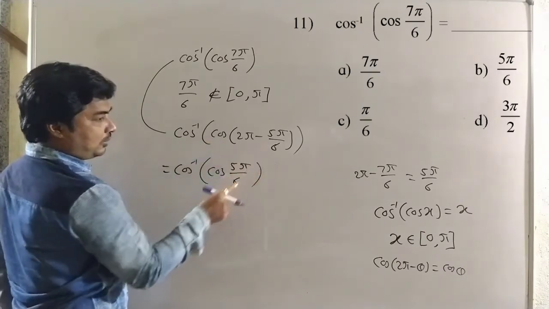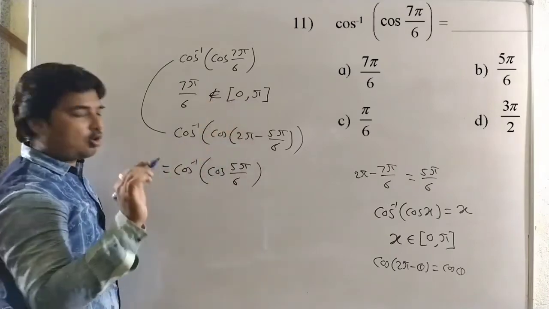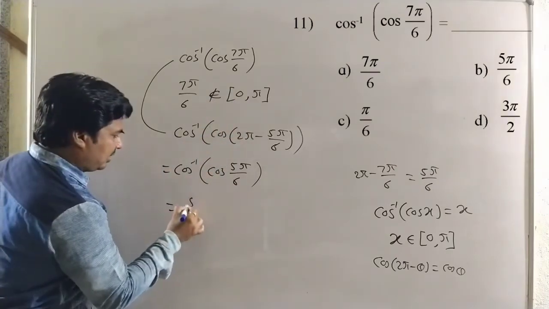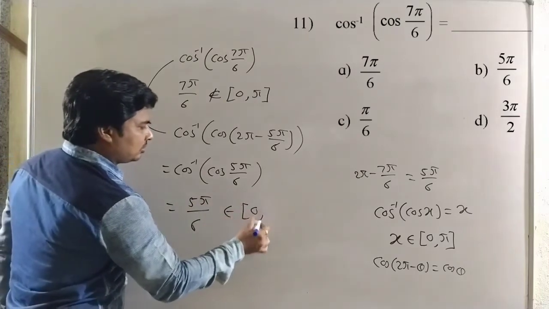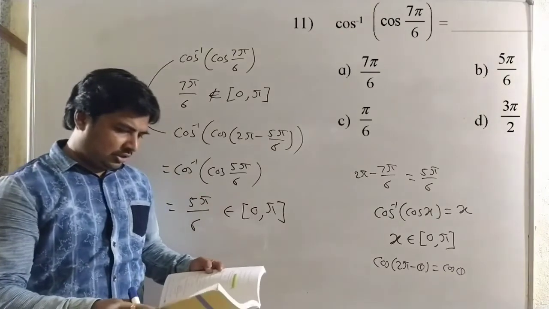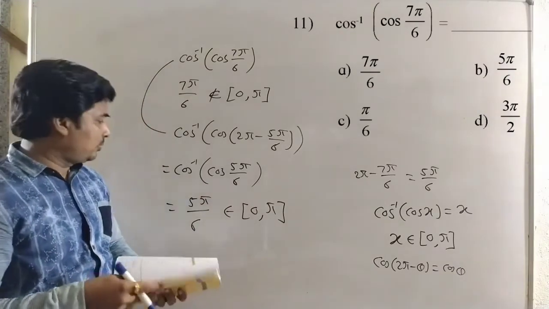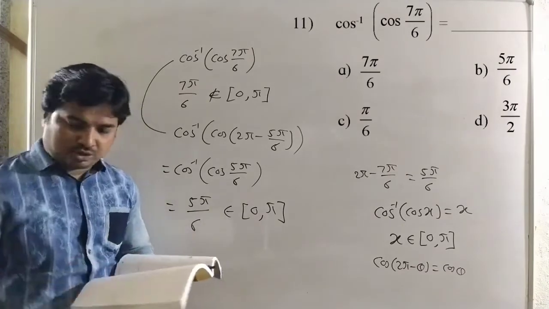Here 5 pi by 6 belongs to the interval 0 comma pi, and therefore this is the answer. The option is B. See carefully, 5 pi by 6. Now the next question, number 12.